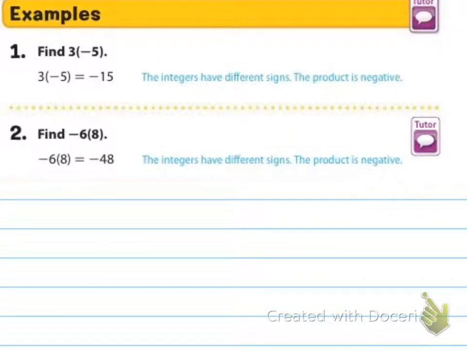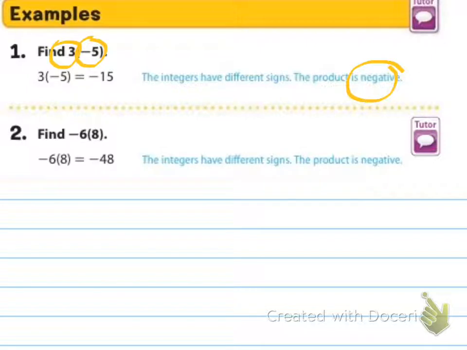All right, so now let's write example 1, and you're going to put 3 times, in parentheses, negative 5. So 3 times negative 5, we do 3 times 5, it's 15. The signs are different. This is a positive 3 and a negative 5, different signs. We're going to have a negative answer.